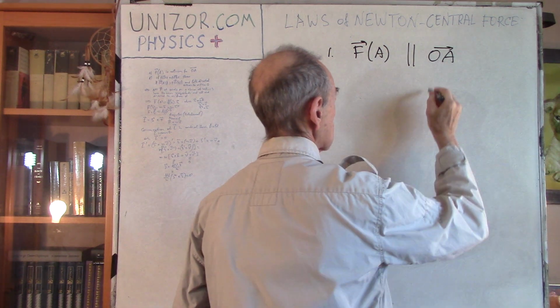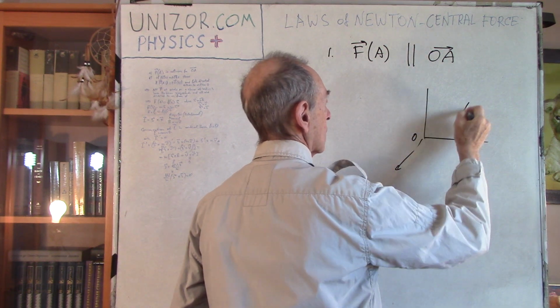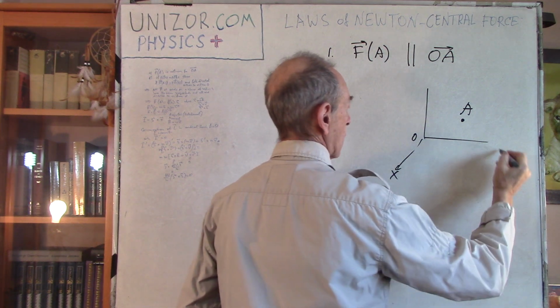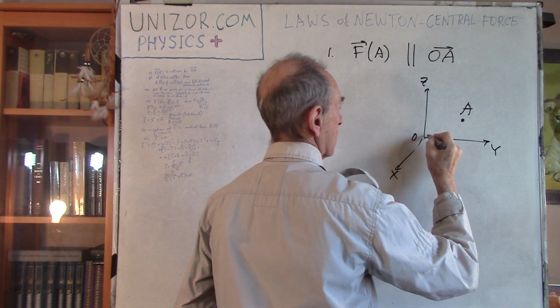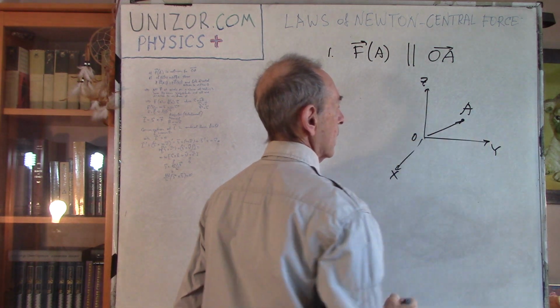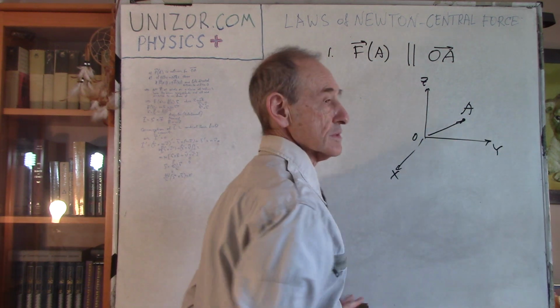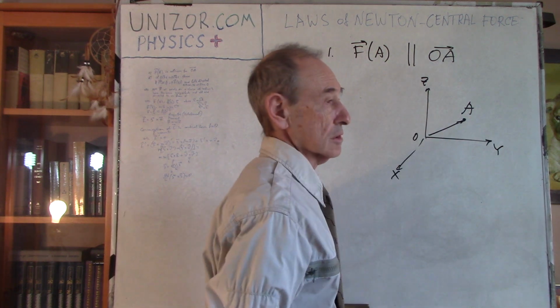If this is our coordinate system, O, A, X, Y, Z, this is the vector OA.